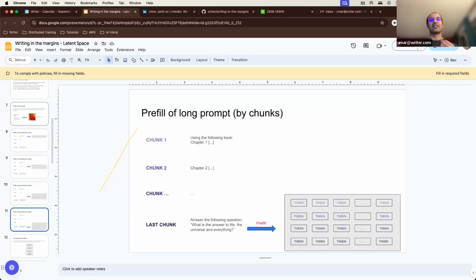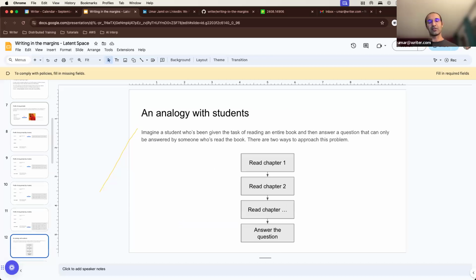This is intuitively very similar to how a student would read a book. For example, imagine a student is given a book to read and then to answer a question about this book. What the student would do, the student would read the first chapter, and now the brain of the student contains information about only the first chapter.